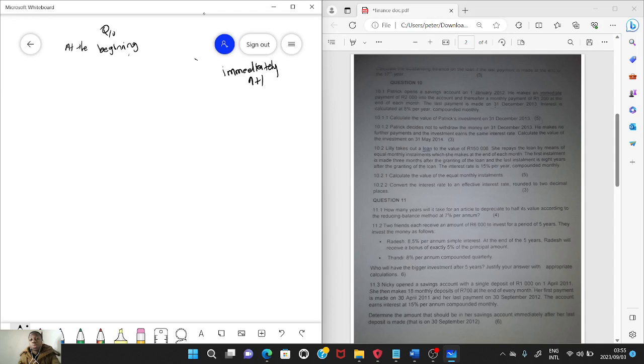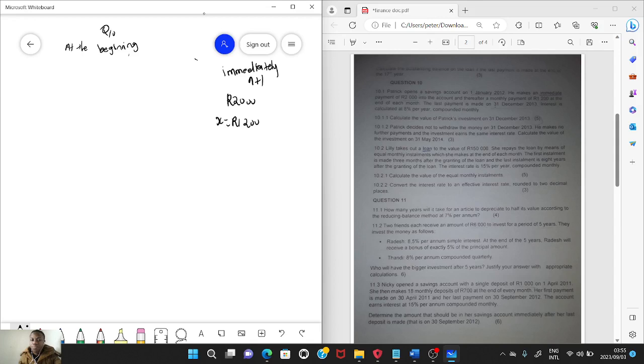Now, in this case, we were given that Patrick opens a savings account on the 1st of January 2012. He makes an immediate payment of 2,000. So on the 1st of January, he puts 2,000 into the account, and thereafter he makes monthly payments of 1,200 at the end of each month.